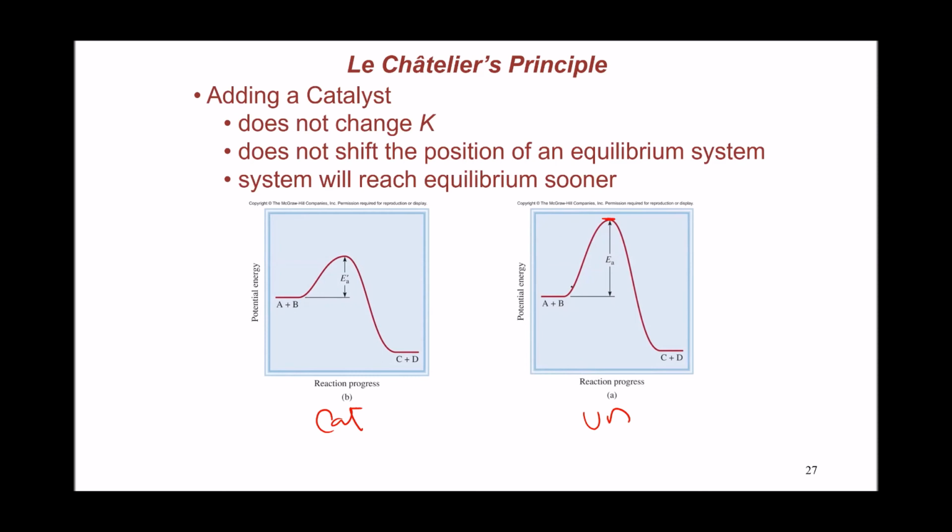So the reaction is going to need less energy to proceed in both directions, because the activation energy needed for the catalyzed reaction is going to be smaller than that for the regular reaction, which will make the reaction proceed faster in both the forward and backward directions. And if you remember, the equilibrium constant is a ratio between the reaction in the forward direction and the reaction in the backward direction. If both of these increase equally, the ratio will still be the same. So the equilibrium constant will not change.